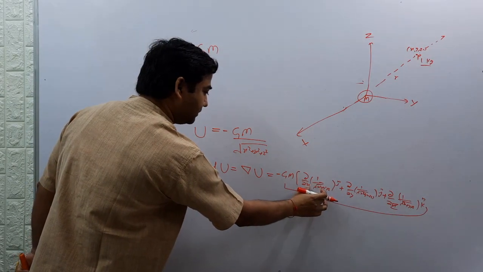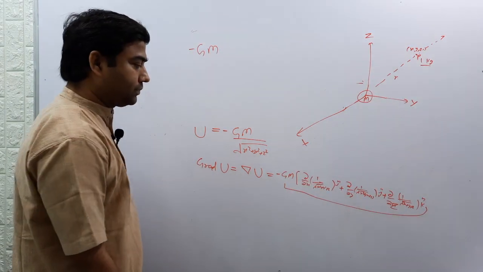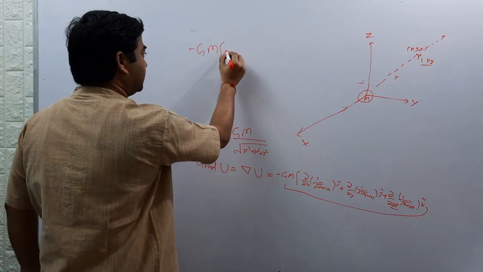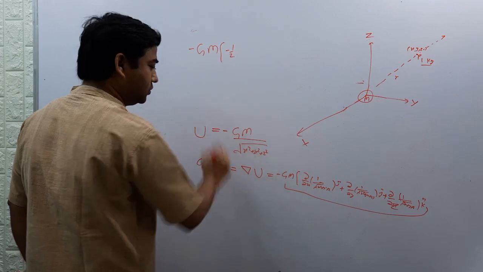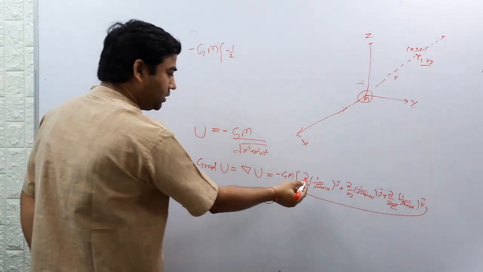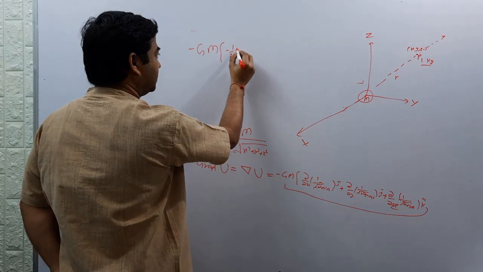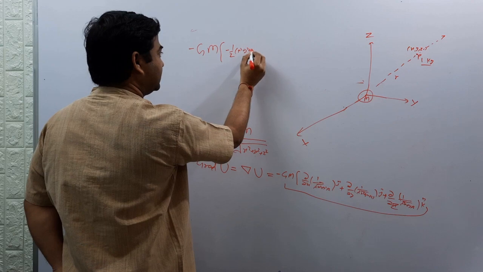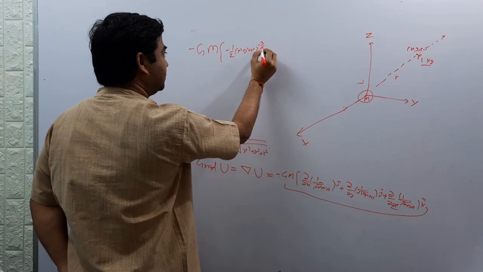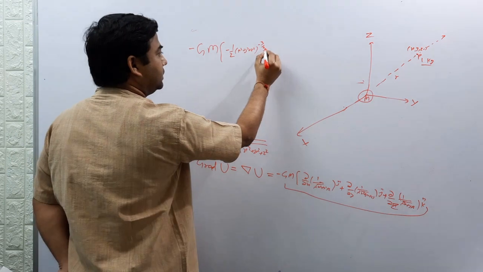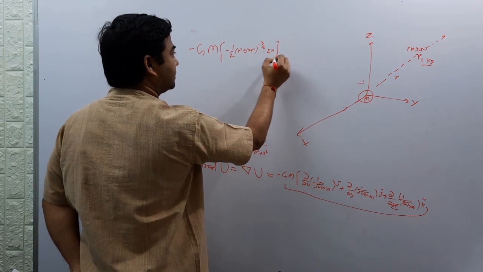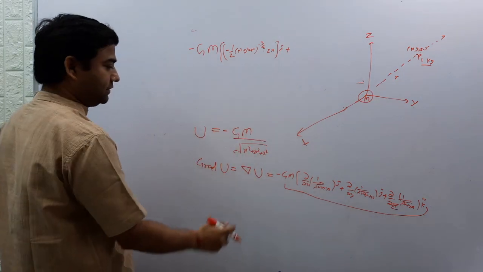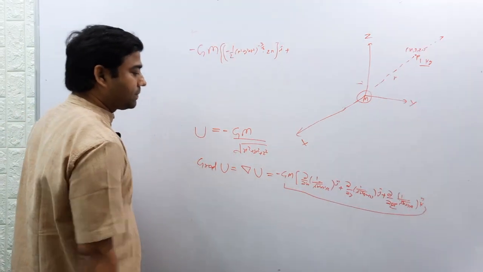Now the partial derivative of under root x square plus y square plus z square is minus 1 by 2 into (x square plus y square plus z square) power minus 3 by 2 into 2x, i. That was partial differentiation with respect to x for this function.